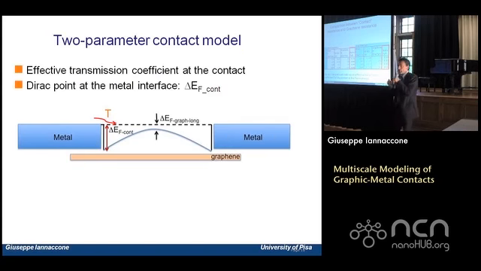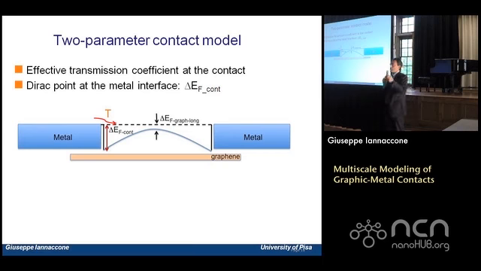And once we do this observation, we can do something even simpler. We can build a two-parameter contact model, which is very easy and captures all the relevant physics. One parameter is this effective transmission coefficient at the contact, and the other parameter is just the energy of the Dirac point at the metal interface that we call delta EF contact.